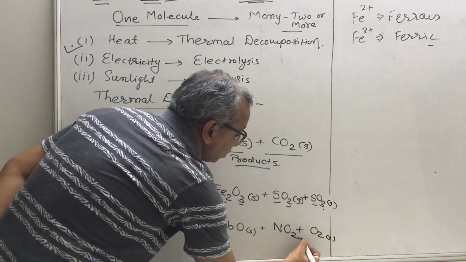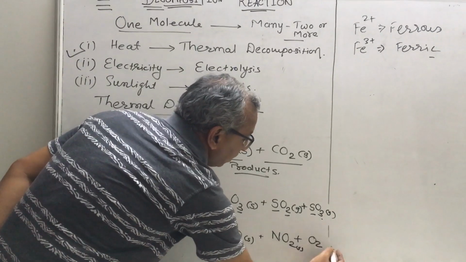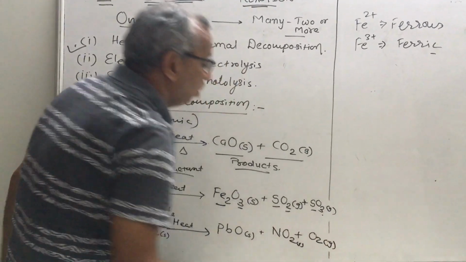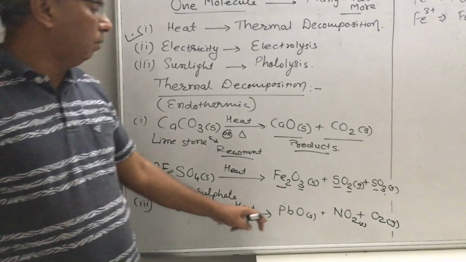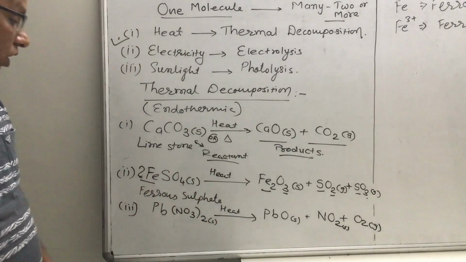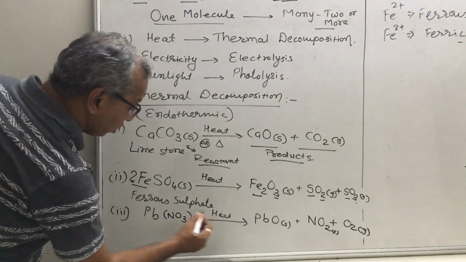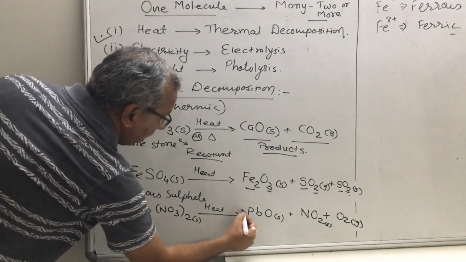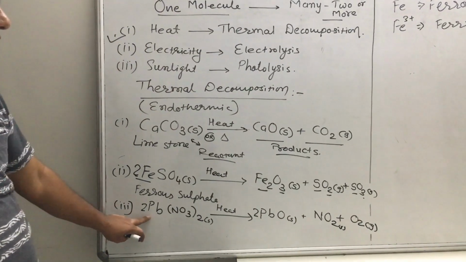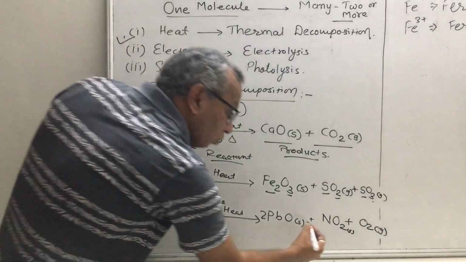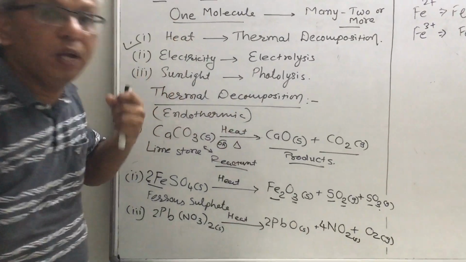So these are three total products we obtain from the decomposition of lead nitrate. This is also not balanced, so we have to put 2 and 2 here. This is balanced, 2 lead nitrate, 2 to the 4, so there are 4 NO2.